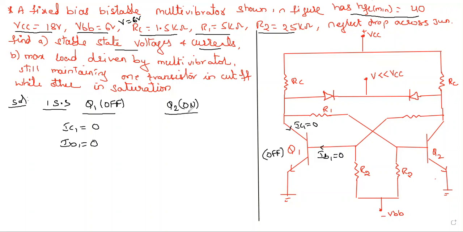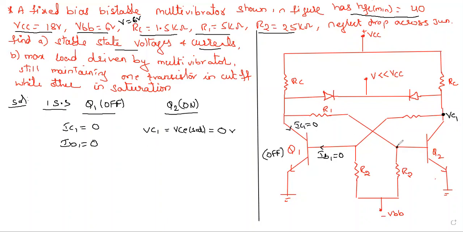And when one says Q2 is in on state, one should think about this collector voltage VC2, that will be VCE saturation, and in this problem I assume to neglect the drop, so that is 0 volts.